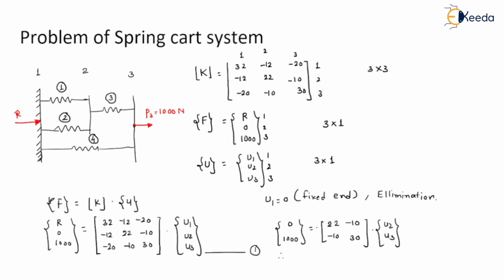So now converting this into equation form, you can write 22 u2 minus 10 u3 equal to 0, and second we have minus 10 u2 plus 30 u3 equal to 1000.